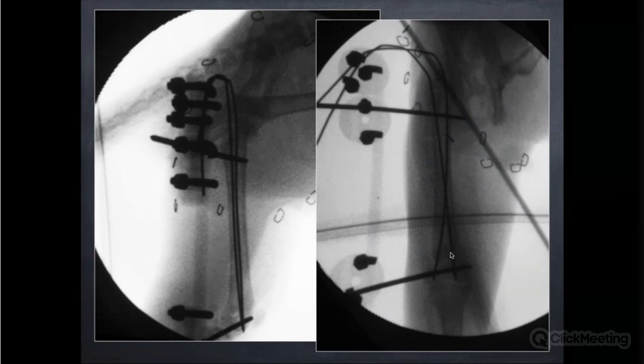Distal threaded pin, 2 K-wires exiting the trochanteric area, tying configuration, proximal trochanteric area for the proximal threaded pin.